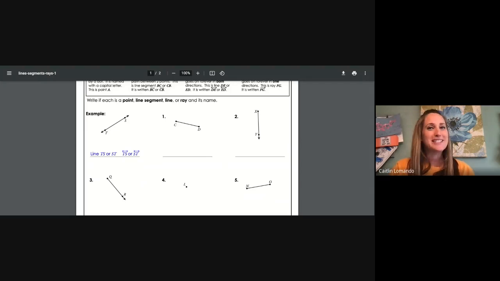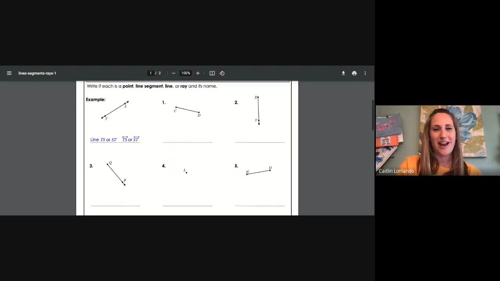If you guessed line segment, you're right. It has 2 points at the end, meaning it's only part of a line. Let's look at number 2. Point, line segment, line, or ray. It has a point and then it goes on forever. If you guessed ray, you are correct.